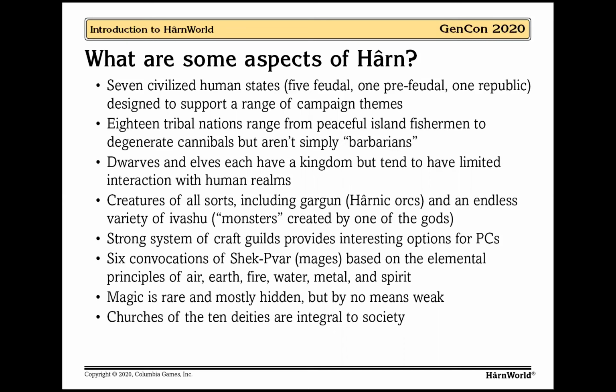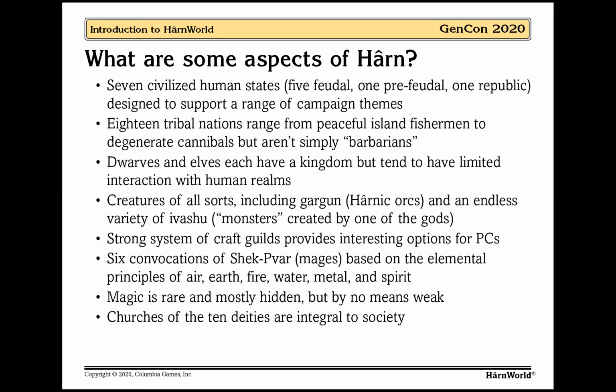One of the things that gets people is the craft guild system. While Harn has many Earth analogs, Harn is not Earth, and so there are a few anachronisms, things where the technology isn't as advanced as Earth, or where certain aspects are more advanced than Earth.